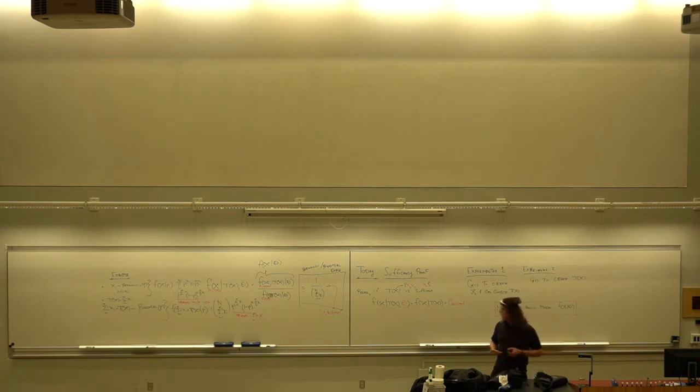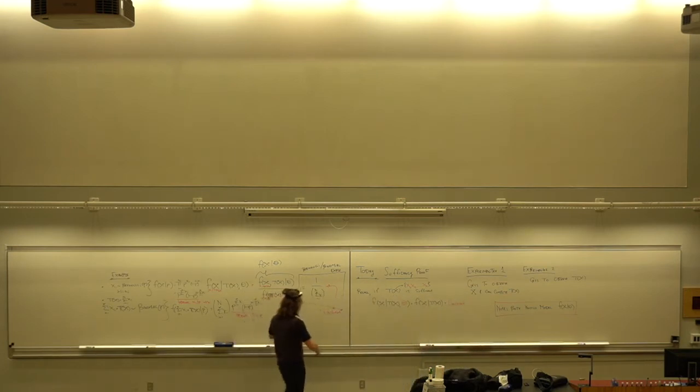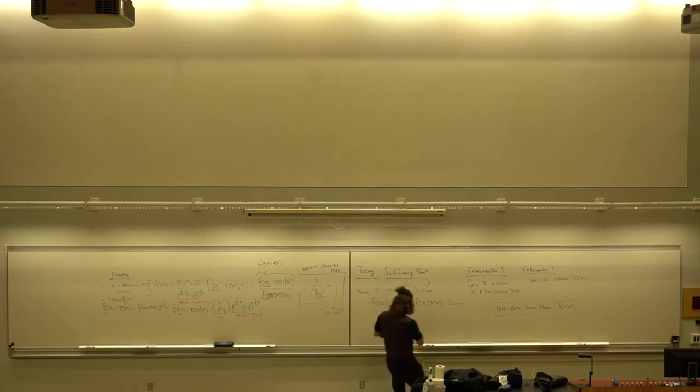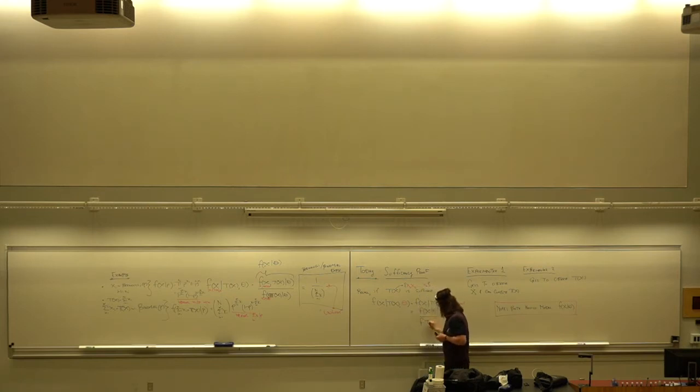So let me just write this down and then we'll look at Casella and Berger's proof on everything. So I'll just say this right here is just f of x given theta divided by f of t of x given theta.